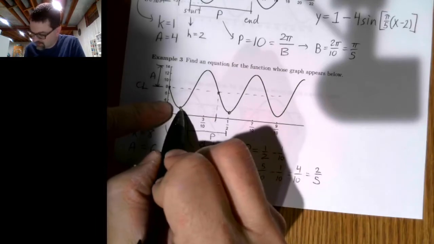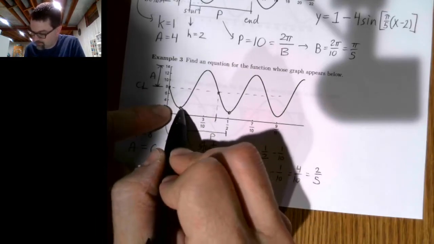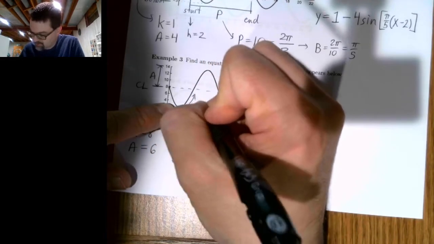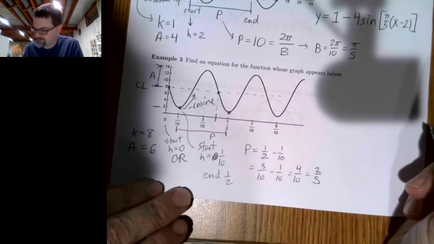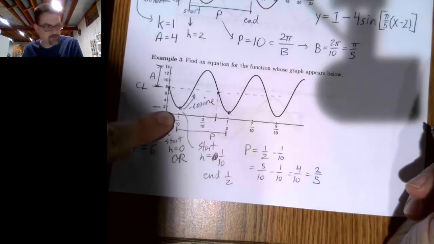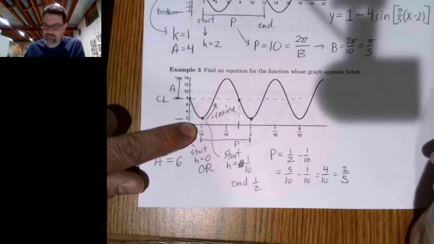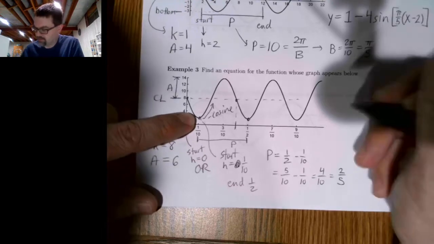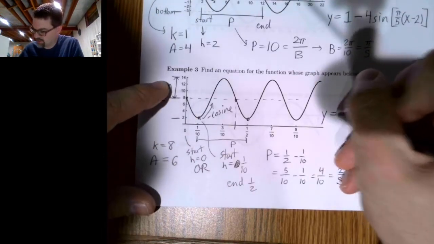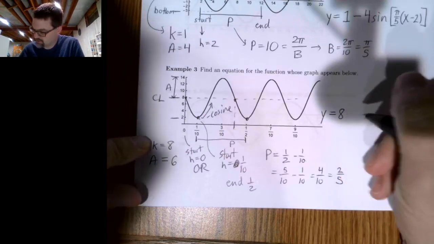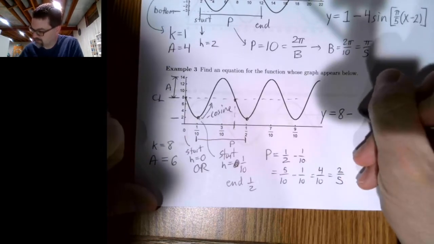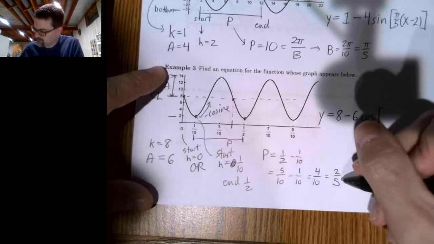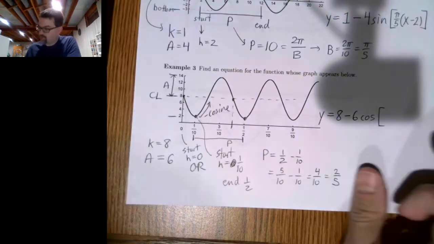If we look at it this way, if this is our starting spot, we're starting at the bottom of the wave and going up. That's what happens when we have a negative cosine. So if we consider 1/10 to be the starting spot, then we're looking at a negative cosine function, and we can say y equals 8 minus 6 cosine. Slow down.